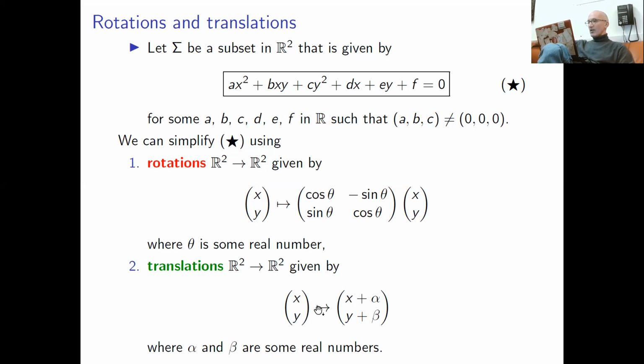I may say that rotations are a little bit more complicated than translations. So our goal is to see how we can simplify this polynomial equation if we rotate and translate the plane. How can we simplify the defining equation of this subset if we just rotate our plane around the origin and translate by some fixed vector? Okay, let's see the answer.